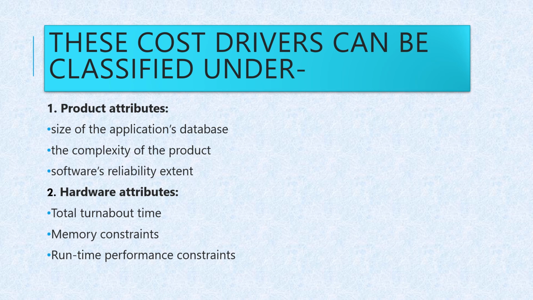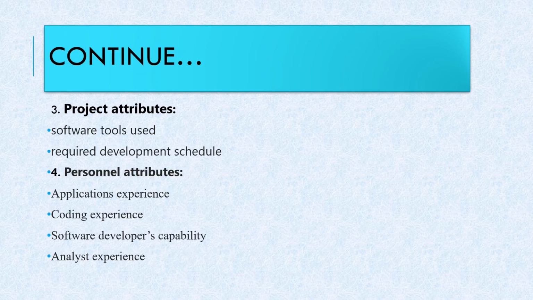In hardware attributes, there are also 3 points: total turnaround time, memory constraints, and runtime performance constraints. In project attributes, there are two types: software tools used and required development schedule. In personnel attributes: application experience, coding experience, software developers' capability, and analyst experience.